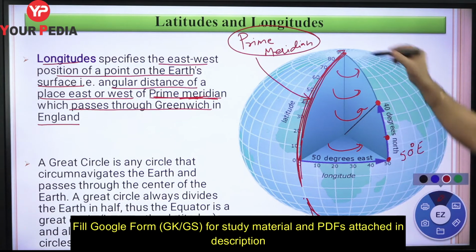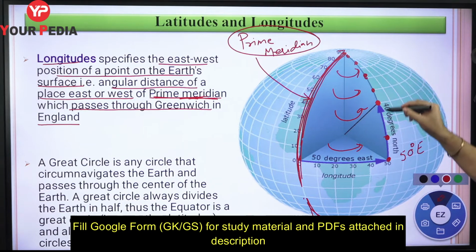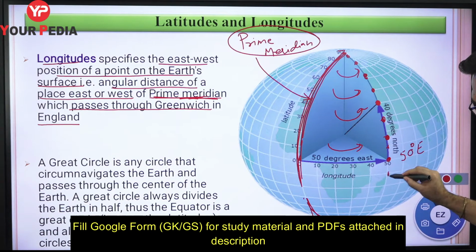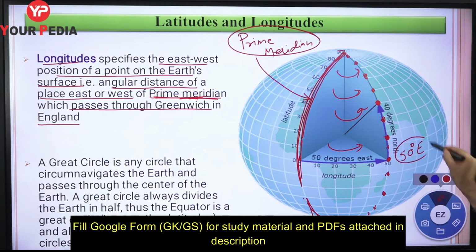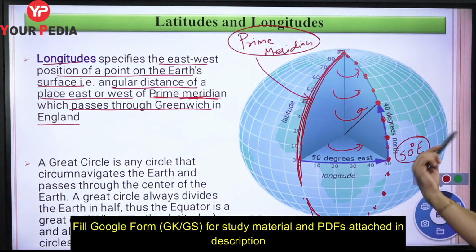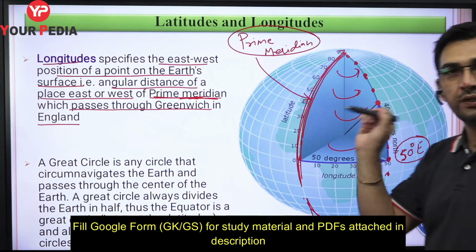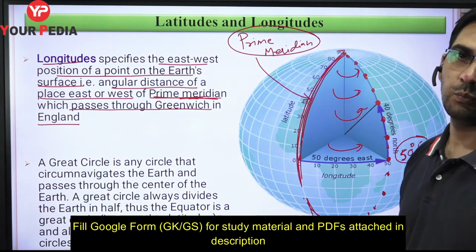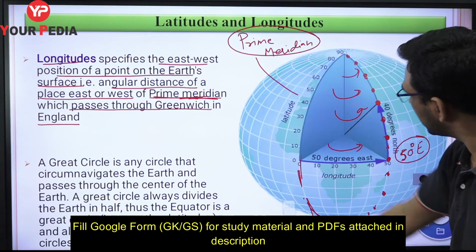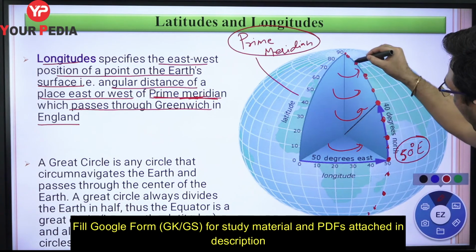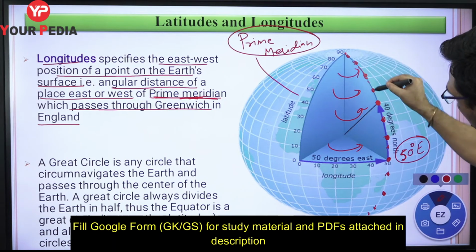It means all these points on the surface of the earth are located at 50 degree towards the east. That means they are all located at a 50 degree longitudinal position.